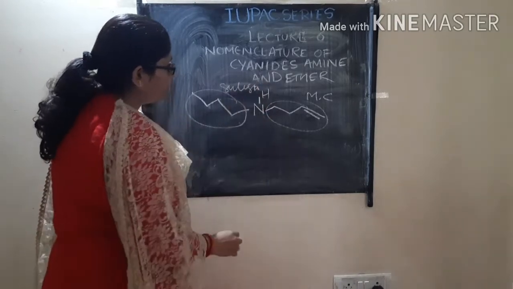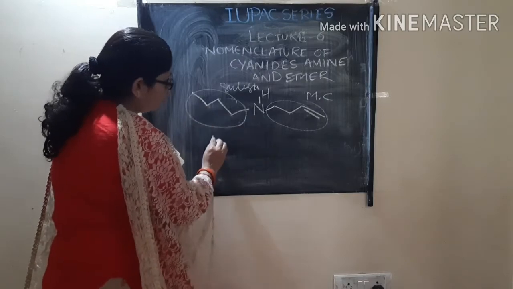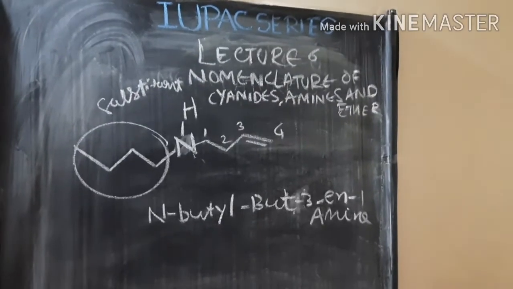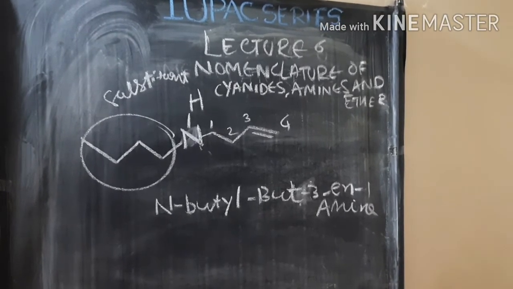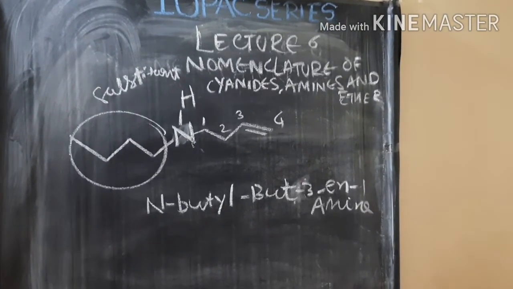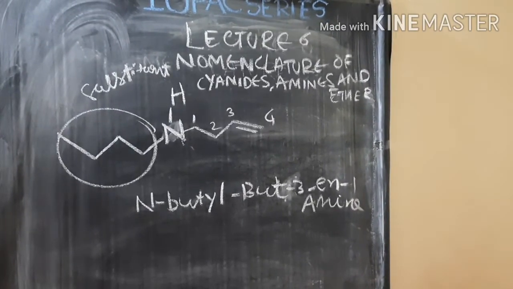How will you write it down? It will be N-butyl, but-3-en-1-amine. Understood students?